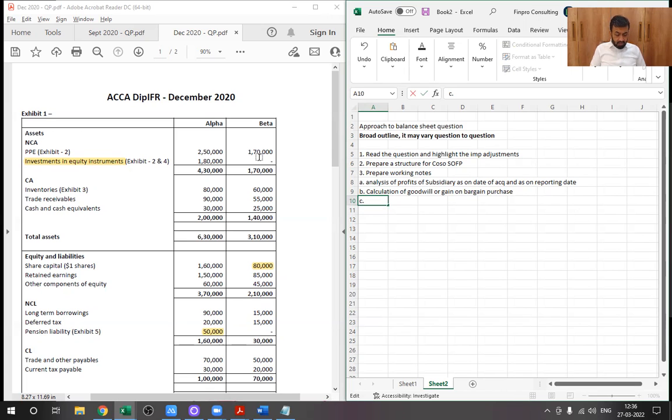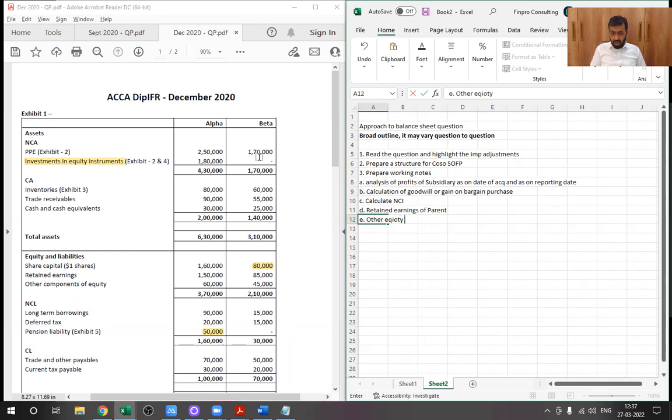Then you will have to calculate NCI. NCI, this is as on the reporting date you would like to have. Next, you will have retained earnings of parent. And last, if there is any, other components of equity or other equity.